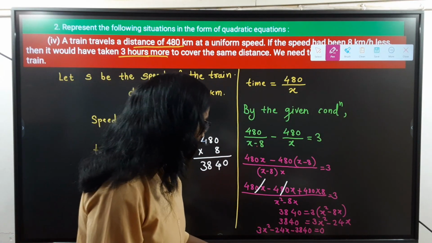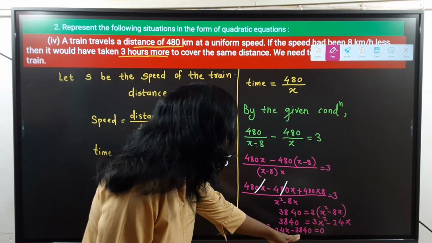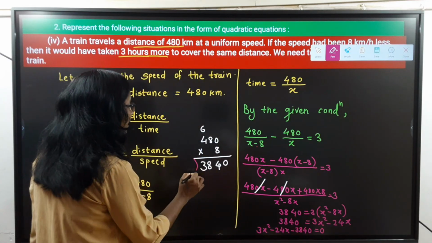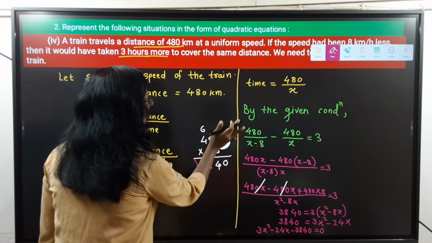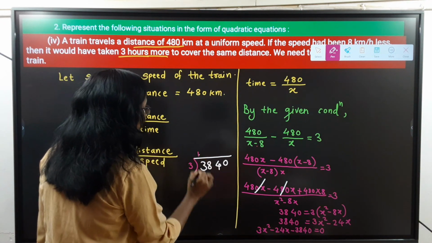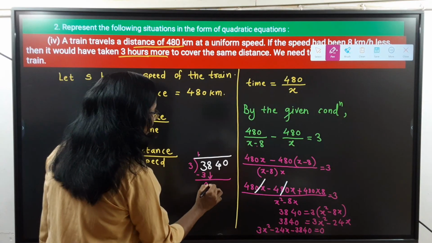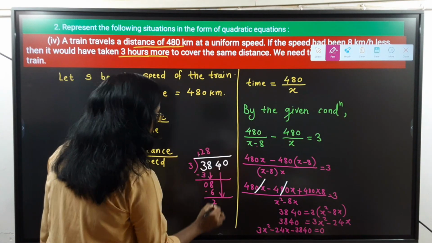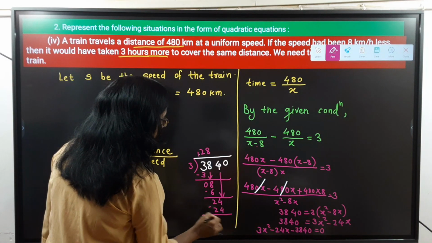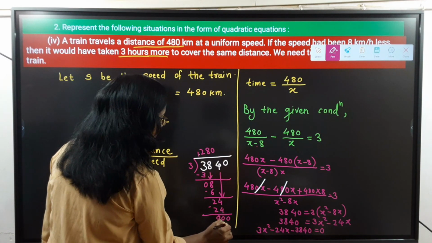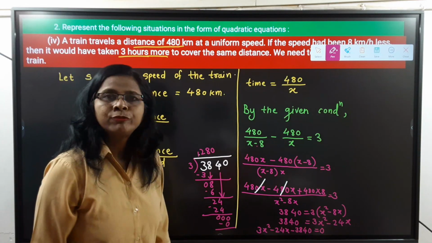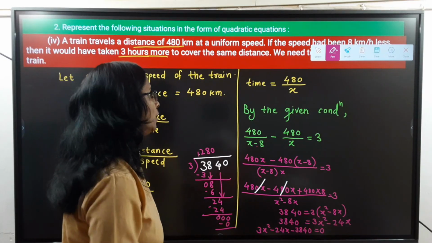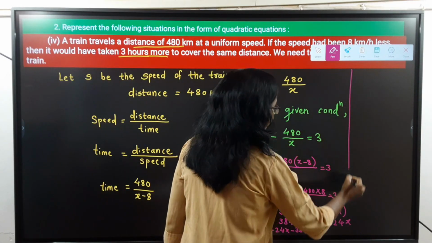Let us check whether 3840 is divisible by 3 or not. If it is divisible by 3, then we can get the simplest form of the quadratic equation. 3 ones are 3, 3 twos are 6, 3 eights are 24, and so on. Okay, 3840 is divisible by 3, so we can divide both the sides by 3.